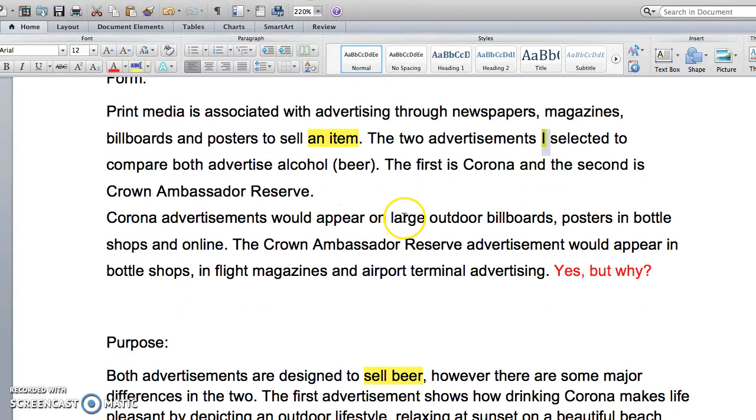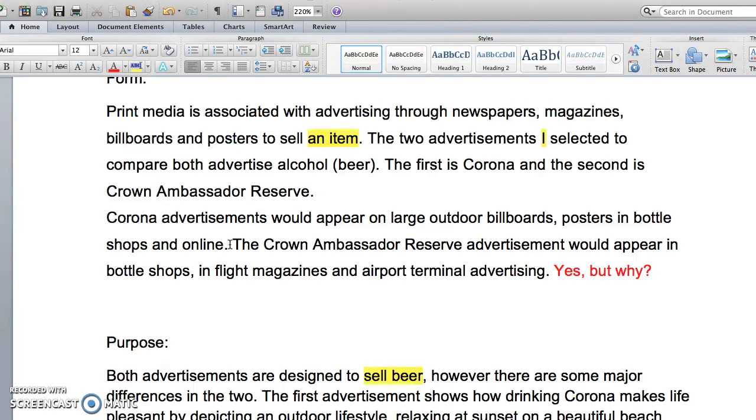Now, you say that the Corona advertisements would appear on large outdoor billboards, posters, and bottle shops and online. But where? Would they be on a billboard in the middle of a desert? No. Why? Because there aren't any bottle shops near there. So you need to show that you understand that the placing of advertisements is crucial in targeting the consumer.